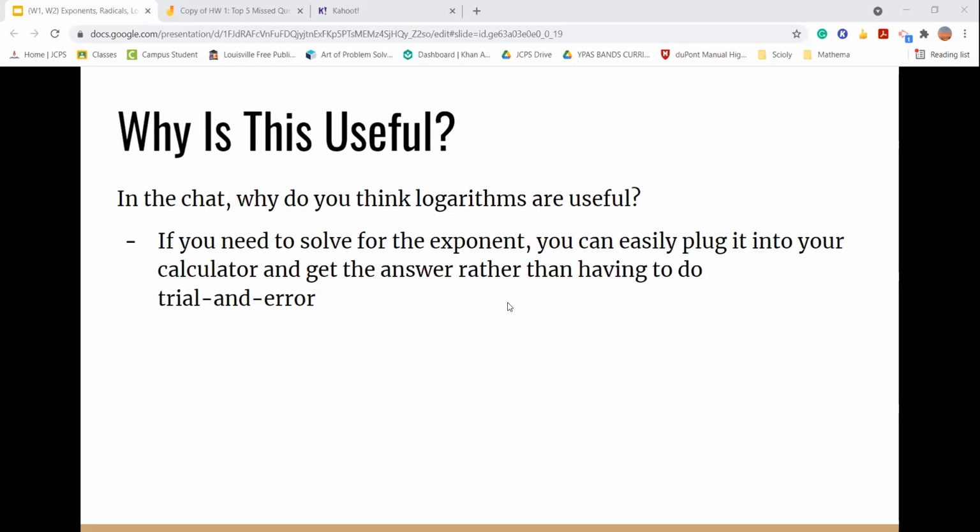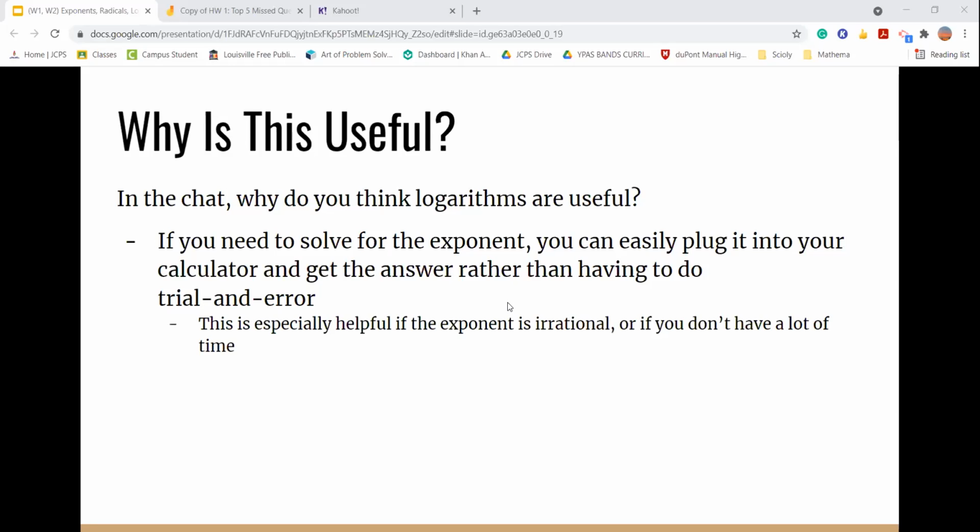And another way it's useful is because sometimes you have weird bases where you need to find 2.1 raised to the what power equals 105. Even if you try to use trial and error, you would never get an exact answer. So instead, you could use a logarithm. You would just do log base 2.1 of 105.